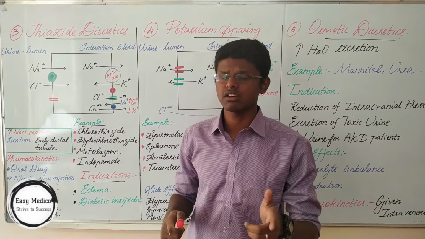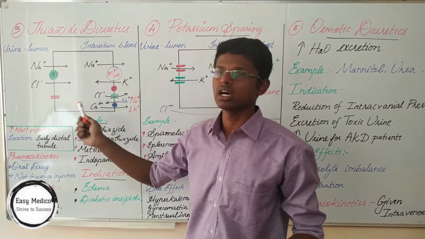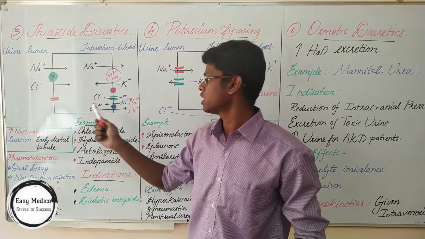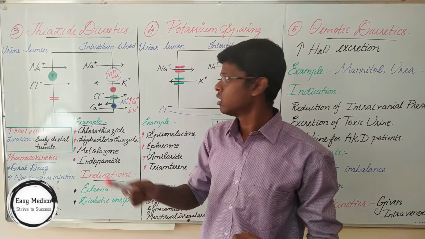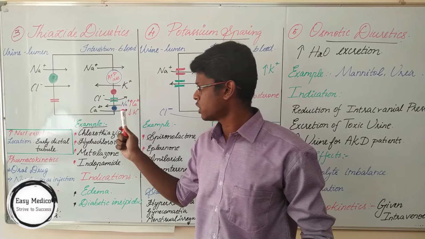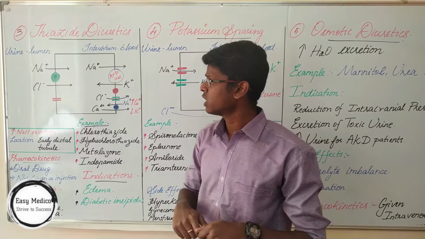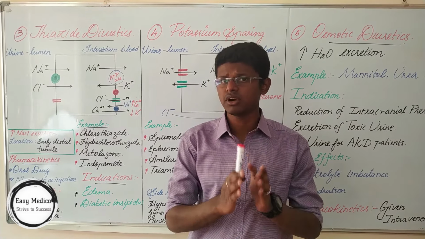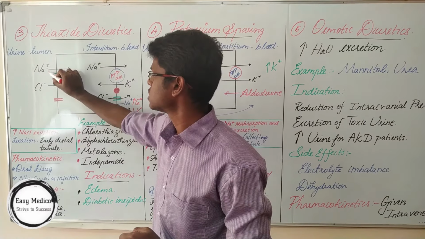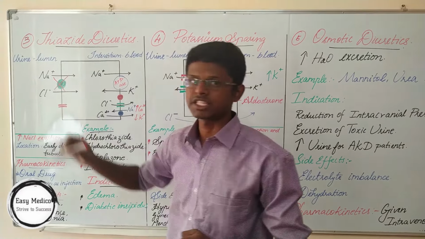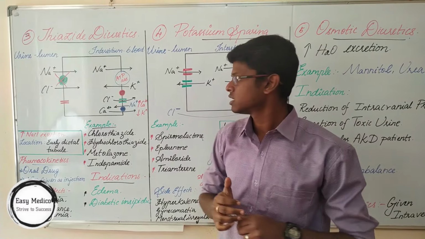Here is also an extra channel, which is a calcium channel, which takes the intracellular calcium to the extracellular space, and there is also a channel which transports sodium and calcium, influx and efflux. What is the main function? The main function is inhibition, which takes place over here in the sodium and chloride cotransporter.